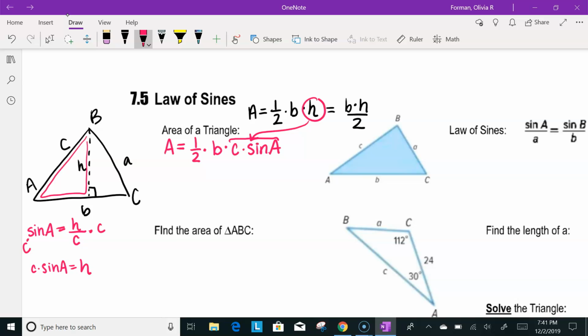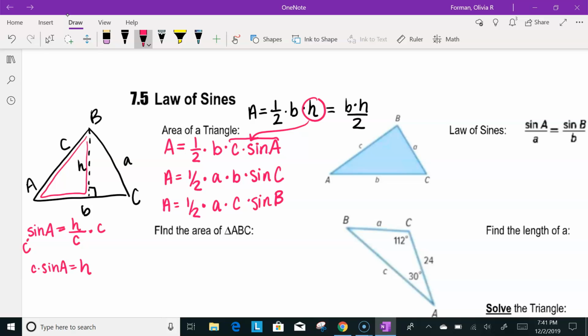You could also say that the area equals 1/2 times A times B times sine of C, or you could say 1/2 times A times C times sine of B.